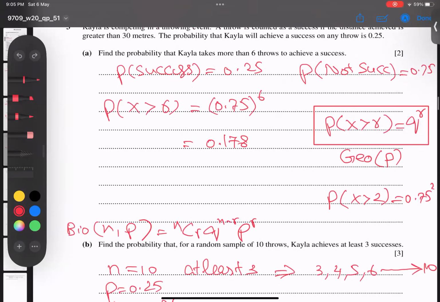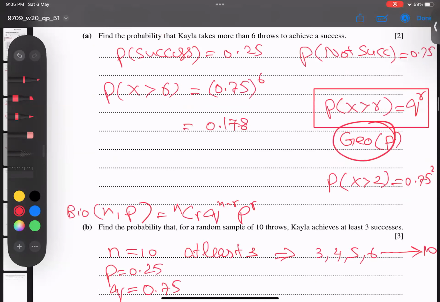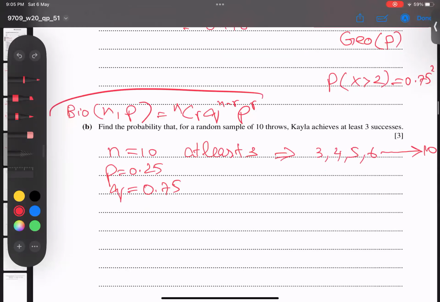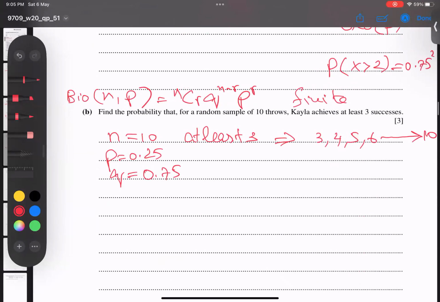The geometric formula we can apply for infinite values, but the binomial formula we can't use for infinite. We are bound to finite options, so finite options means from 3 till 10. But can we find all these? No. So 0, 1, 2, 3, 4, 5, 6, 7, 8, 9, 10. Actually, we're looking for these values.